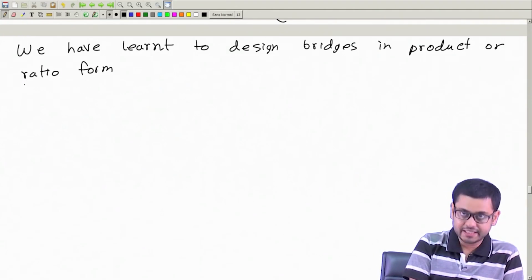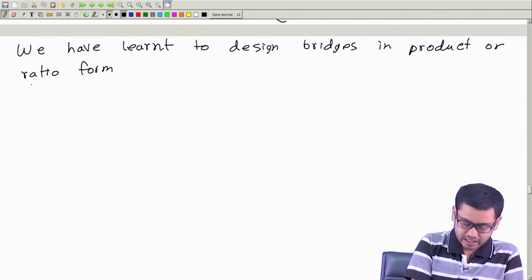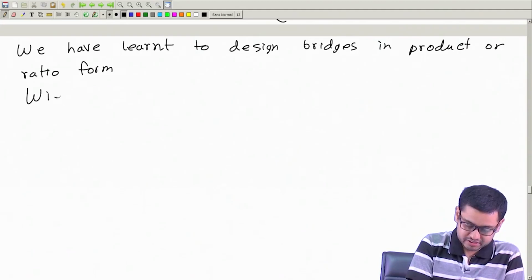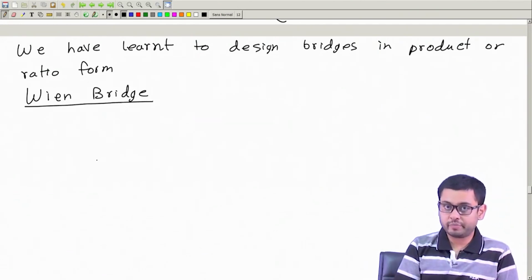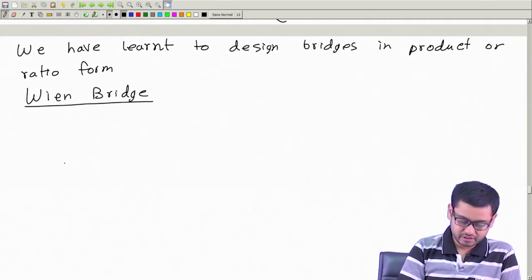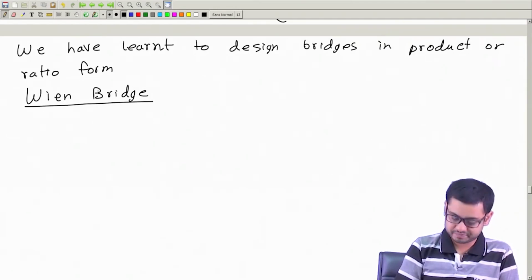So, we will see today a bridge which is called Wien bridge. Once again, you need not remember or memorize these names at all, which bridge is which type. This is only for your information.